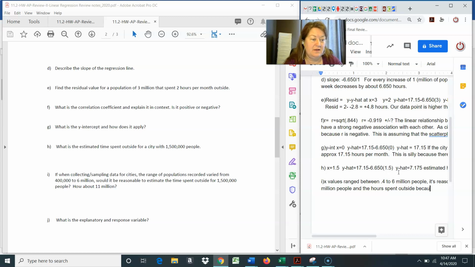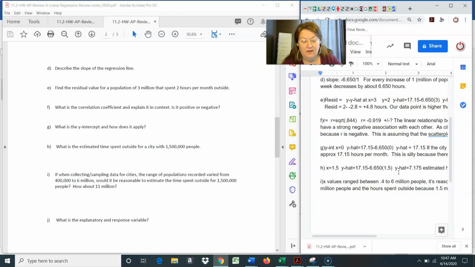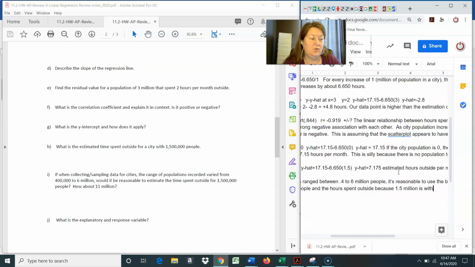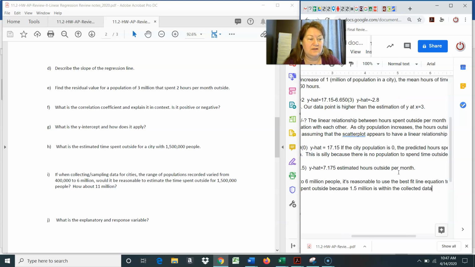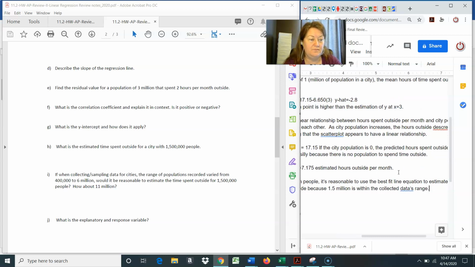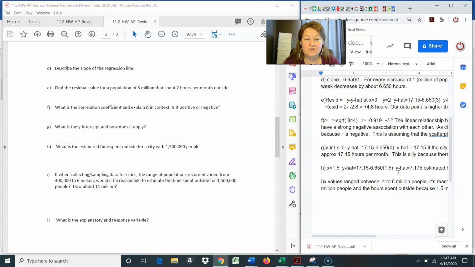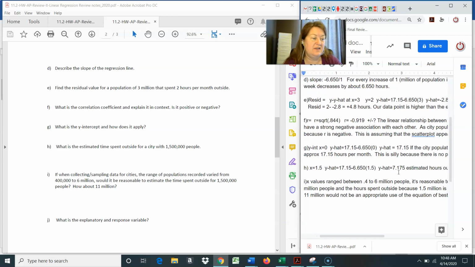So I want to say that because 1.5 million is within the collected data's range. Okay, but then they asked, what about 11 million? 11 million would not be an appropriate use of the equation of best fit.